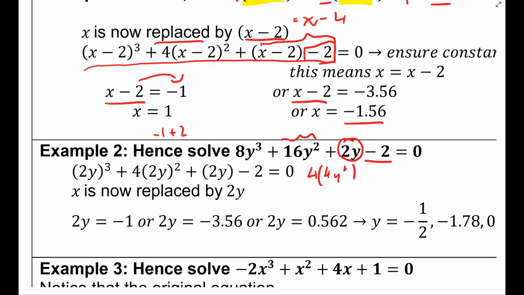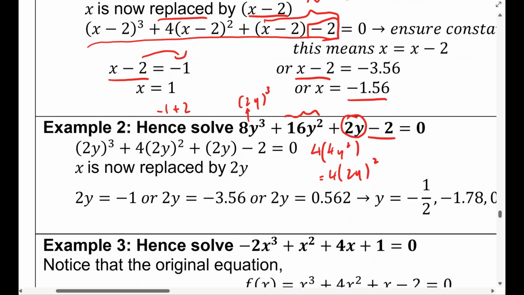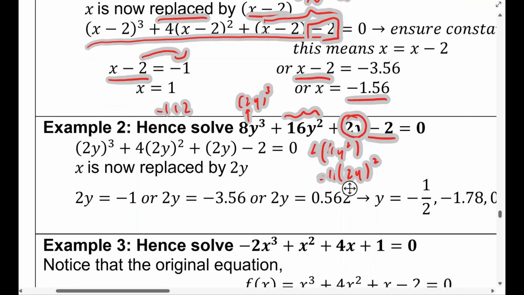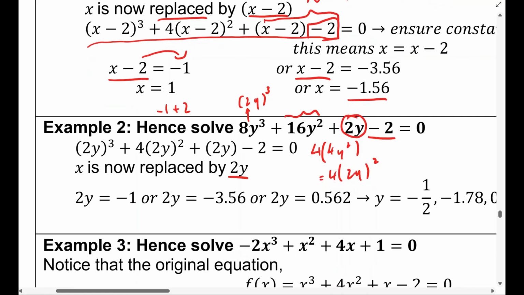Then you realize that you can bring the square out, which becomes 4 bracket 2y whole thing squared. Now it's even more obvious that your x is being replaced by 2y. And for this one, it will just be (2y) cubed. So now you can see your replacement is x replaced by 2y.